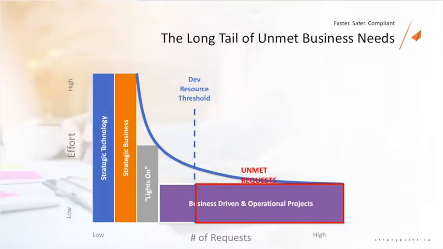And when we think of dev resources, we can think of all of the resources, including the time and attention of your center of excellence and all the participants in it, because the rigor required to do these things properly consumes all the resources.